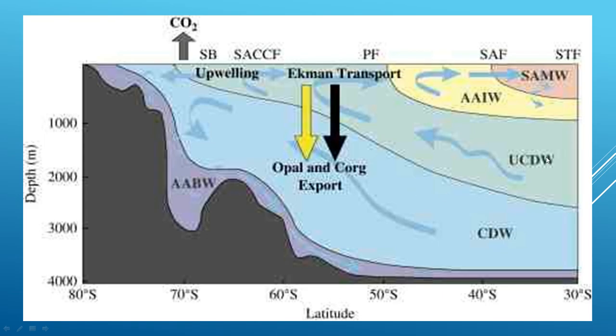And now we see we're identifying the upper circumpolar deep water and the circumpolar deep water. Here's your upwelling, right? Ekman transport, right? Subantarctic front, subtropical front, polar front, right? This is the Antarctic circumpolar current front, etc. Little outgassing of CO2, and so on.